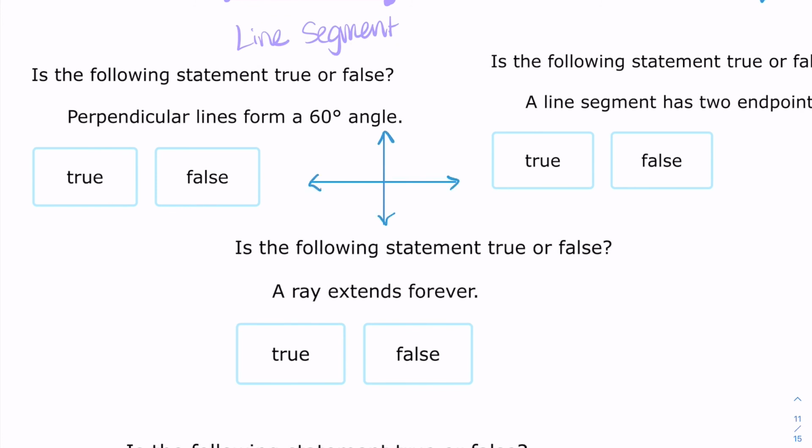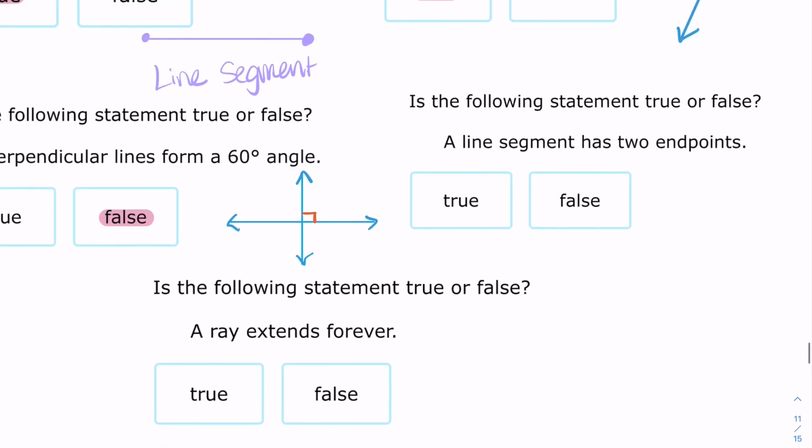So it's exactly a 90. So this is false. A line segment has two endpoints. That is true. That's the only thing that has two endpoints.